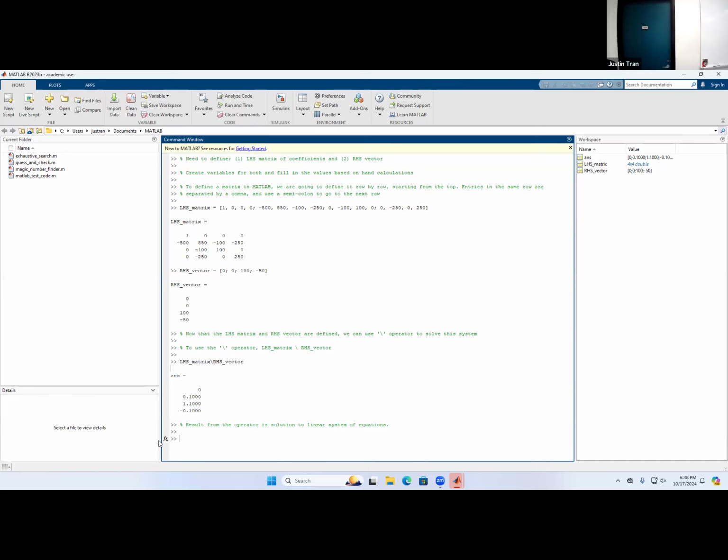Here it's kind of hard. What do you think? Okay, so it also looks like this.